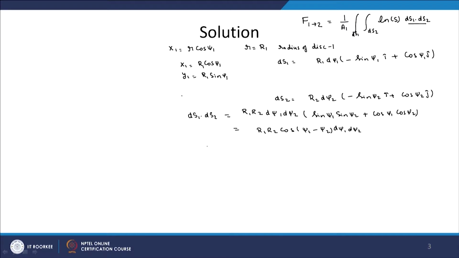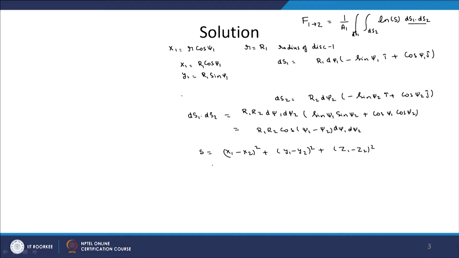Now, s, the distance between two points at the peripheries of disk 1 and disk 2, is simply written as the square root of x1 minus x2 whole square plus y1 minus y2 whole square plus z1 minus z2 whole square. Now, z1 minus z2 is simply h.